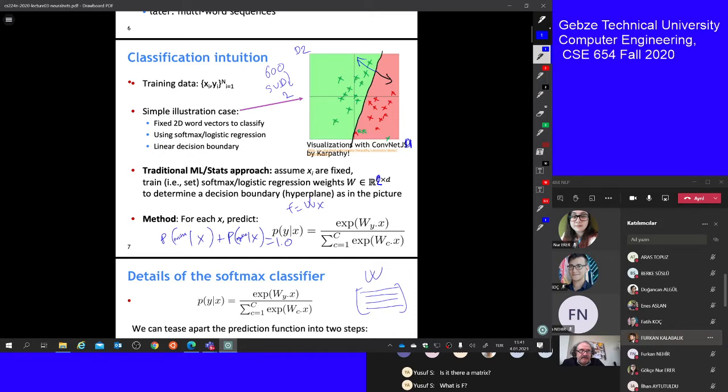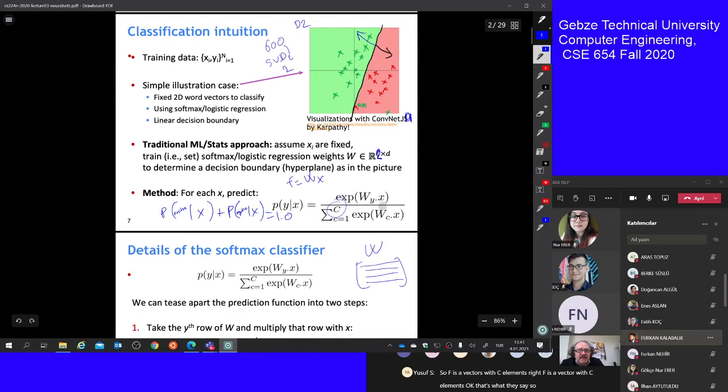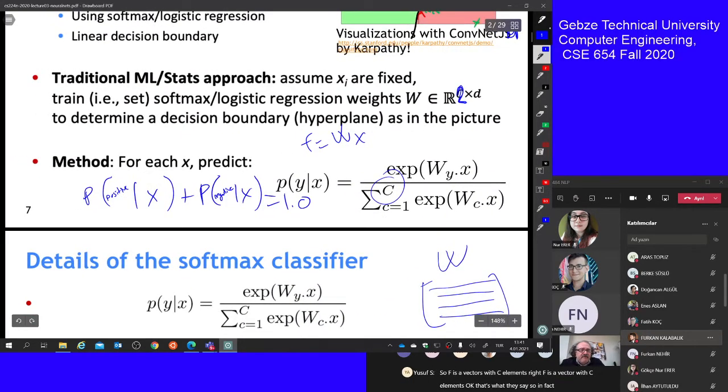How many classes did we have? It is the number of classes. It is c, right? So f is a vector with c elements. F is a vector with c elements. Okay, that's what we say. So in fact, this one is just the fy.